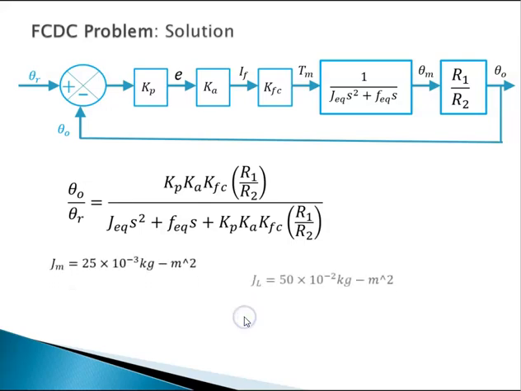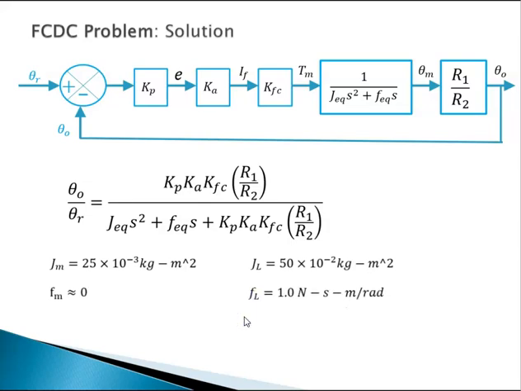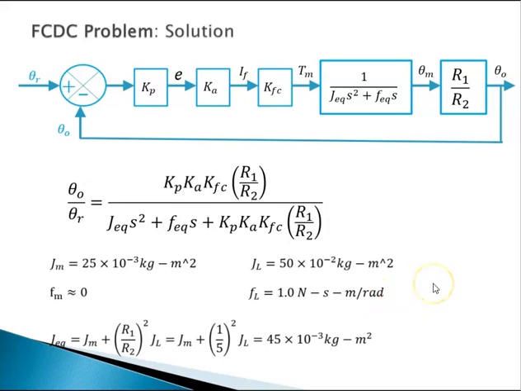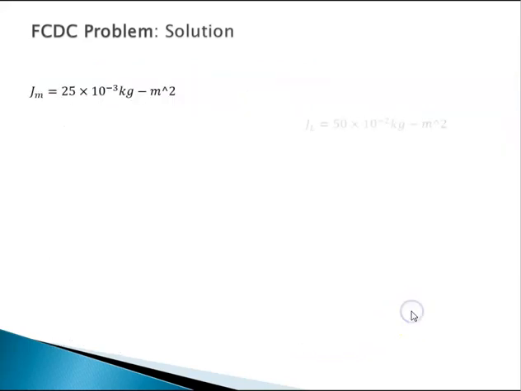This feedback loop is what we are creating using the potentiometer. Various quantities are summarized here: Jm, Jl, Fm, Fl, and you find what is the equivalent motor inertia. Note the gear reduction ratio is 1 over 5. So you do that to obtain motor inertia to be 45 milligrams meter square, 45 into 10 to the power of minus 3 kg.